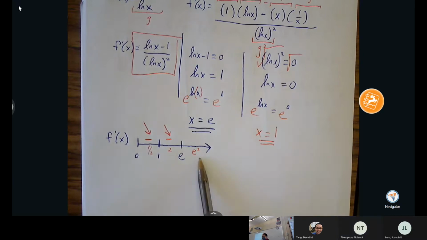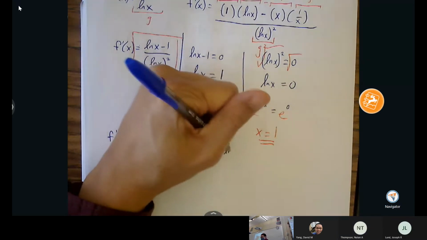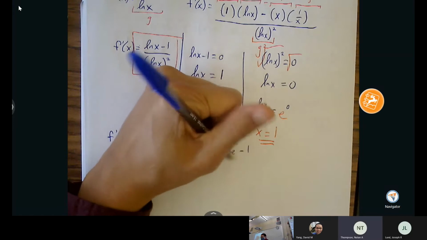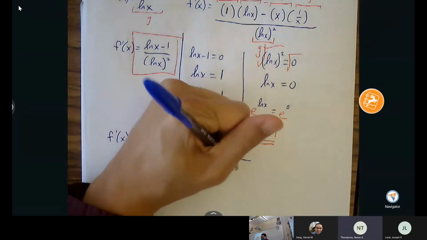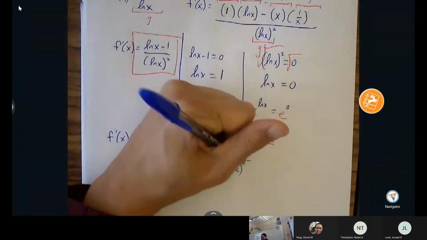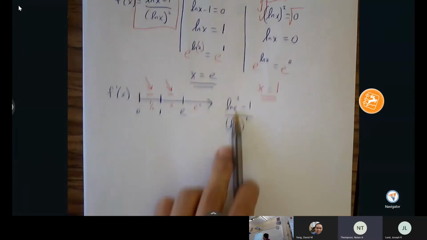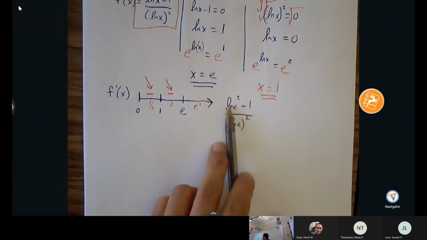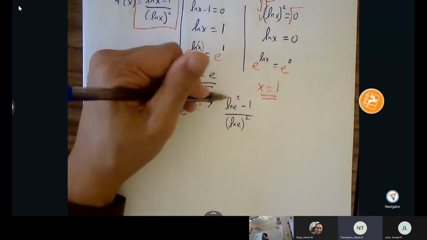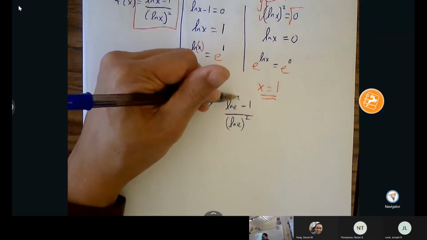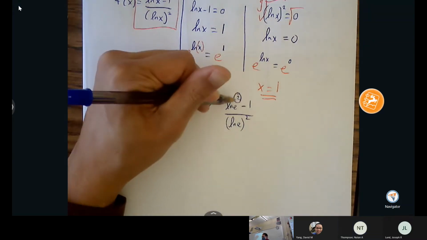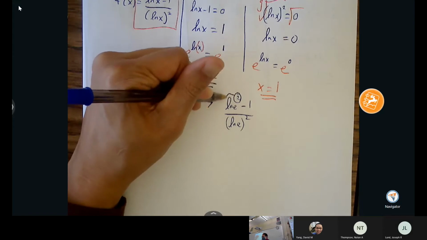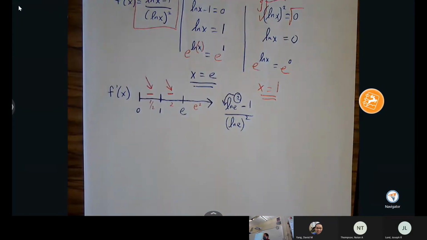Okay. Natural log of e squared minus 1. This is the same thing as what? 2.7 times 2.7. Let's do even easier. Where can I put that 2? That 2 can come down in front.